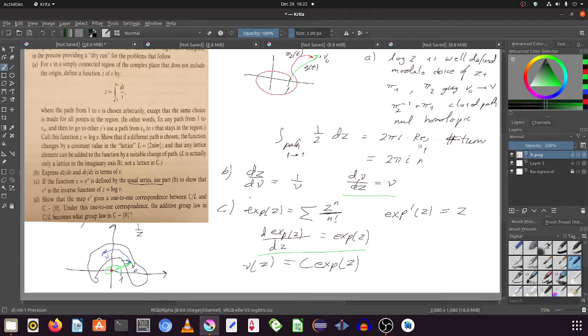And now the problem is that v naught is not in here necessarily, so I can't take a special value to determine C. So what can we do about that?